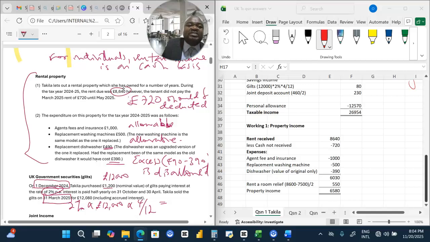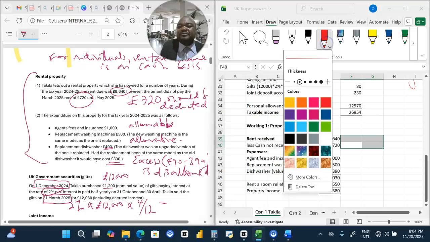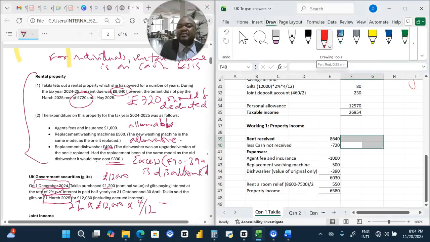However, they did not receive 720. So this is why we are saying the 720 is to be deducted.